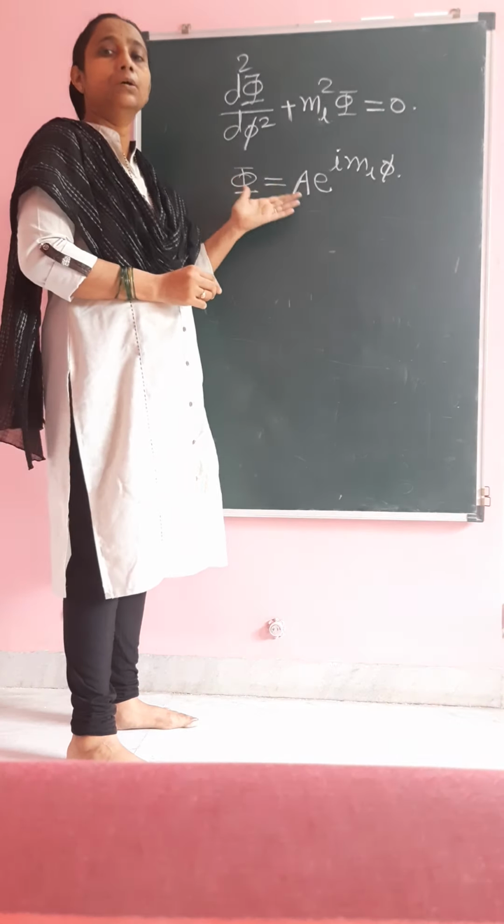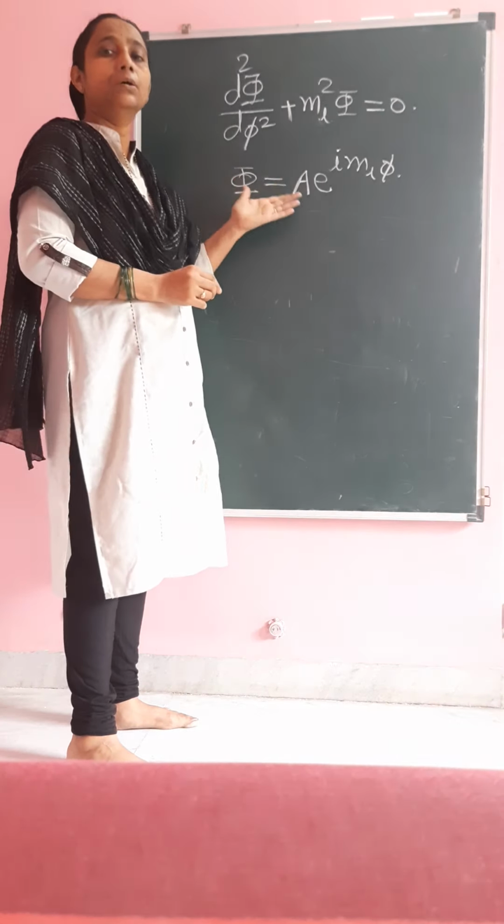So a e raised to i ml phi is equal to a e raised to i ml (phi plus 2 pi). Now this can be written in terms of two separate terms: a e raised to i ml phi times e raised to i ml 2 pi, and the left hand side is the same: a e raised to i ml phi.